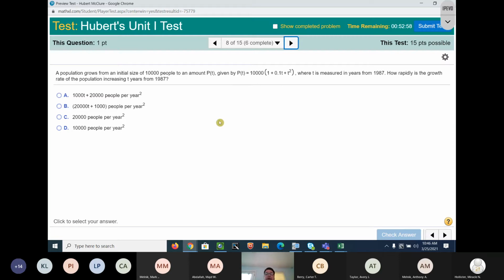So let's look at the first and second derivative, because the first is the rate of change and the second derivative is the growth rate. So let's go ahead and write this down. F of x is equal to 1,000 times (1 plus 0.1x plus x squared). Now, you could actually do the chain rule here.